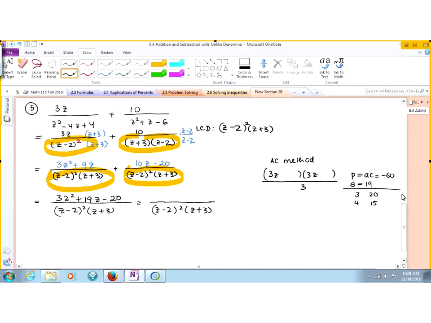No. 4 and 15? No, right? No, because I can't do plus 4 plus 15. Does 4 and 15 work? No, because this is not negative 60. When you multiply, this is positive 60. What is it? 5 and 12 work? 6 and 10?